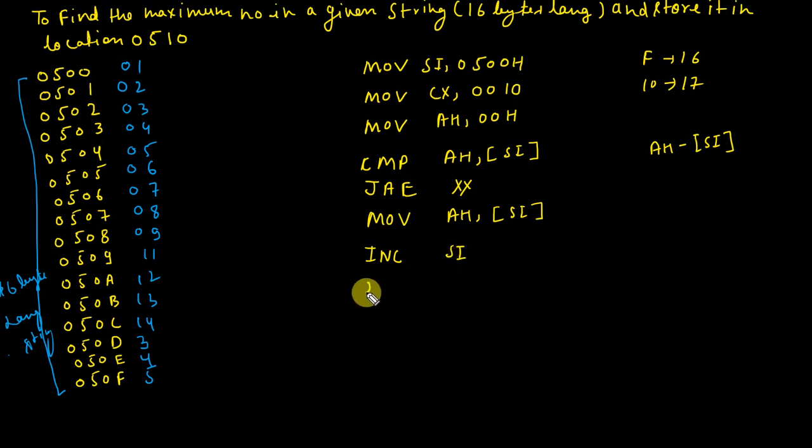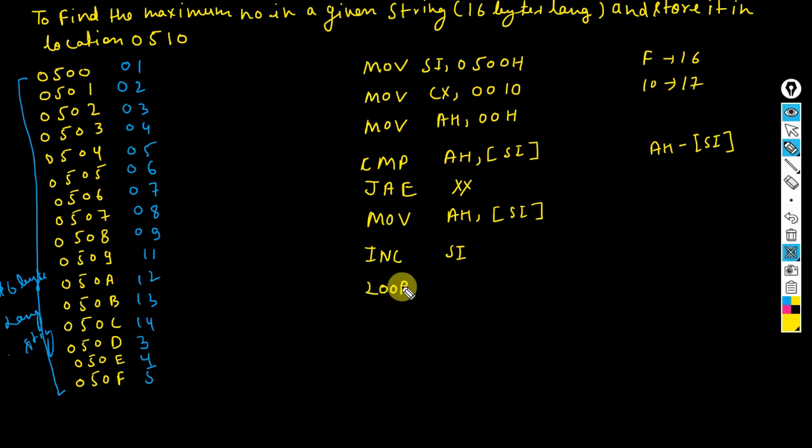Next instruction is LOOPNE. LOOPNE decreases the counter value by 1, like 16 to 15, and checks the condition.